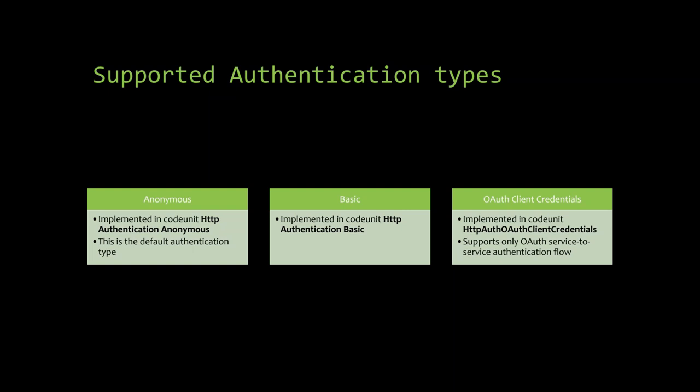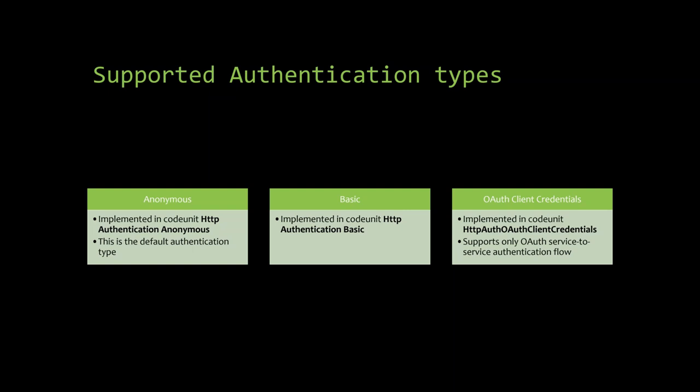When I did the first release of the REST client, I did not include OAuth at that moment. But then after a couple of months, somebody else in the community created a pull request to add at least OAuth client credentials, which I'm very grateful for.